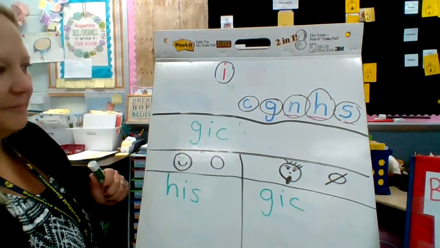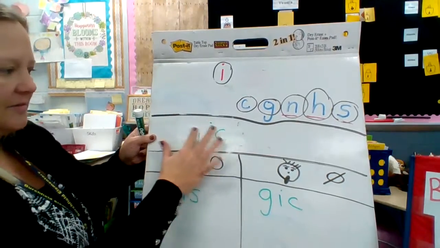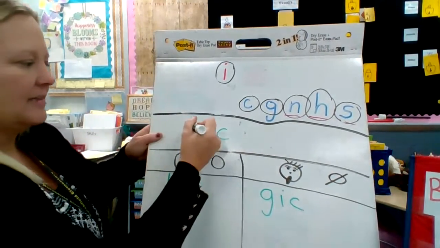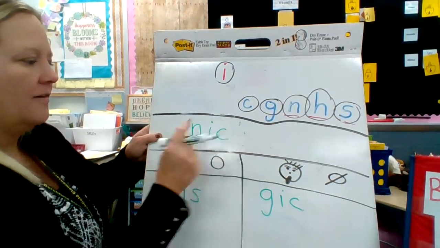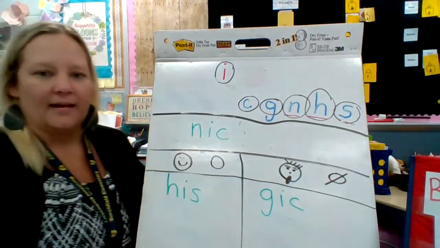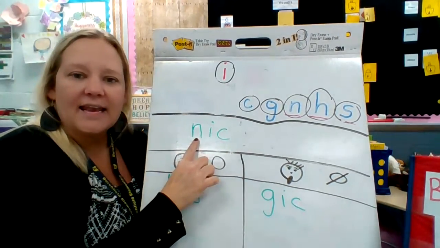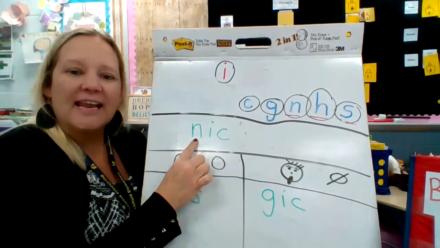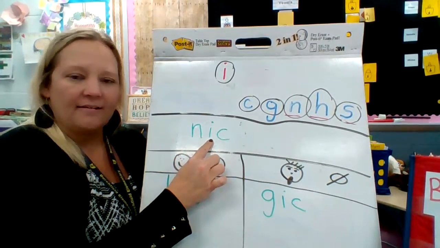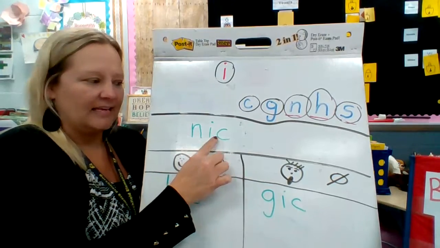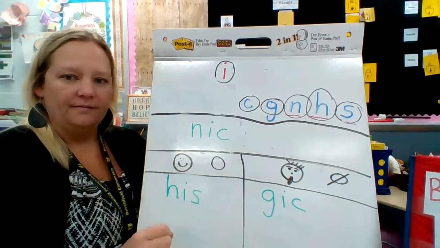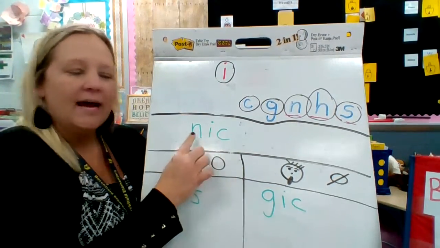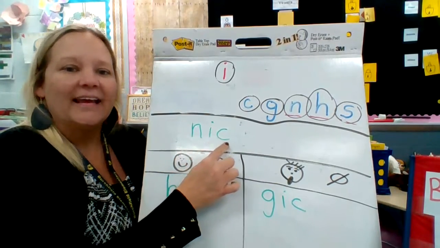All right, so let's do a beginning sound of n. Ready? N, I, k. First sound is n. Middle sound is I. Ending sound is k. Okay, ready? N, I, k.